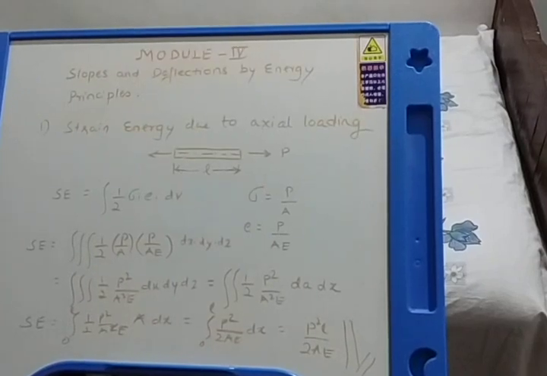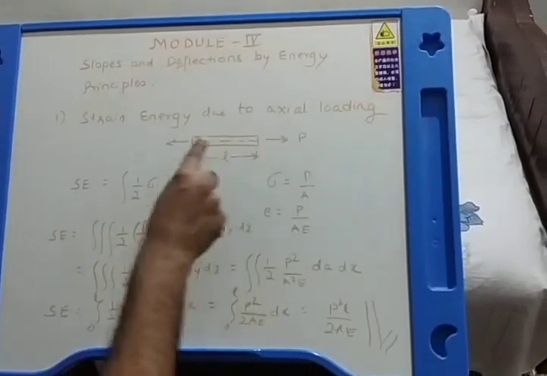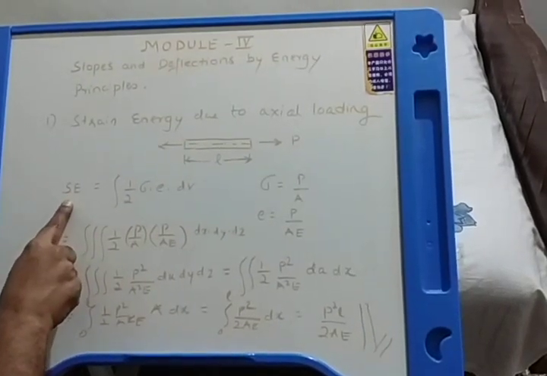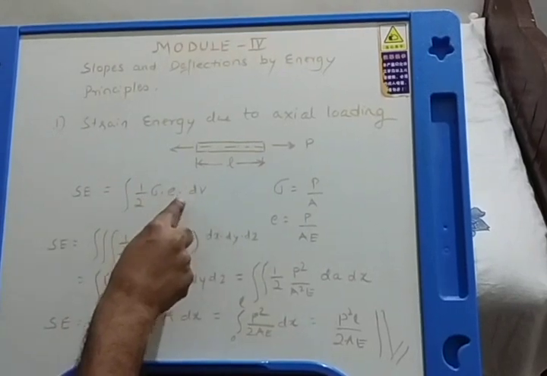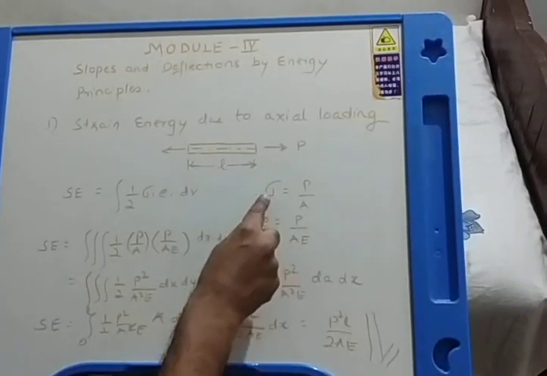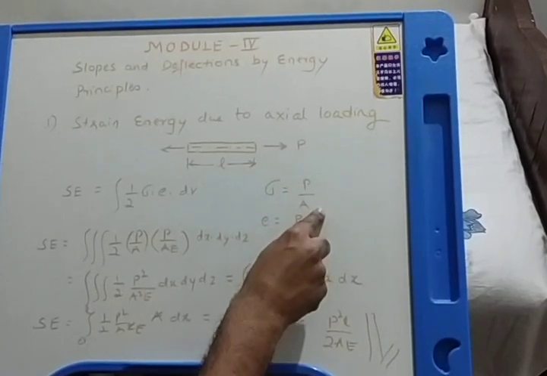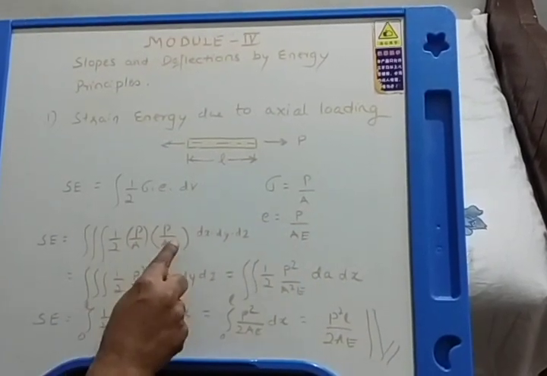So once again I repeat the steps that I have done here. I have taken a member which is subjected to axial load, and I have taken the general formula which I had given you, integration half sigma e dV, where sigma is p upon a. In case of simple bar, the stress is equal to force upon cross section area, and strain is equal to p upon ae. That's what I have done here, substitution.